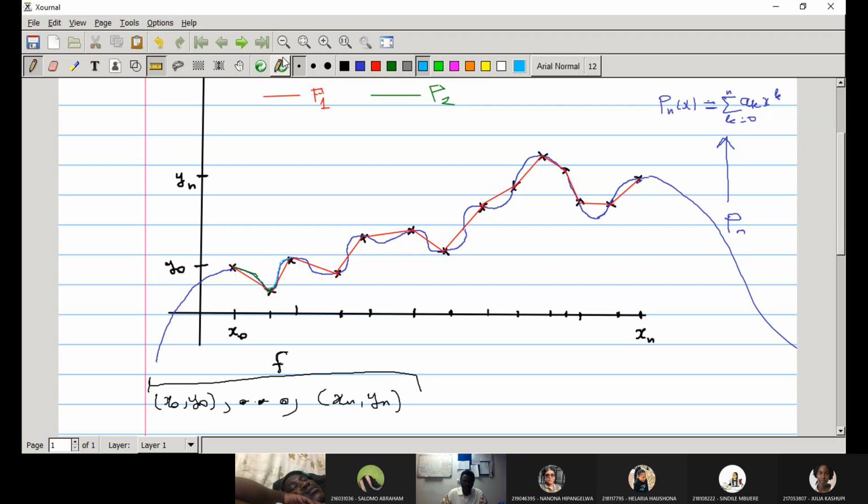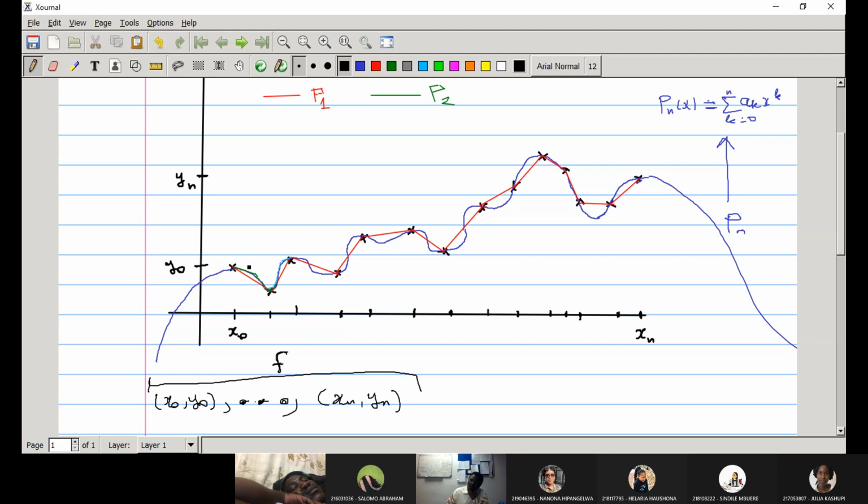when it comes to the least square method, what the least square method would do is just minimize the error. And by minimizing the error, you can use either a straight line or a second degree polynomial.